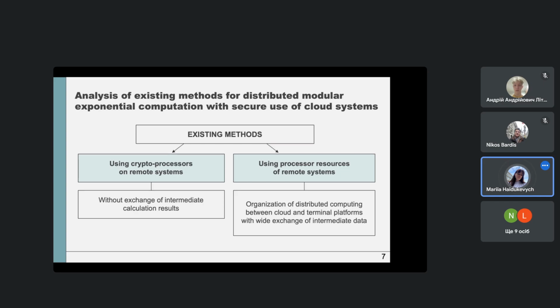The second group, accordingly, includes methods that do not involve the use of crypto processors, and these methods are based on the use of high-power processors of remote computer systems. This allows organizing the effective distribution of computing between the cloud and the terminal microcontroller due to the wide exchange of data between them.